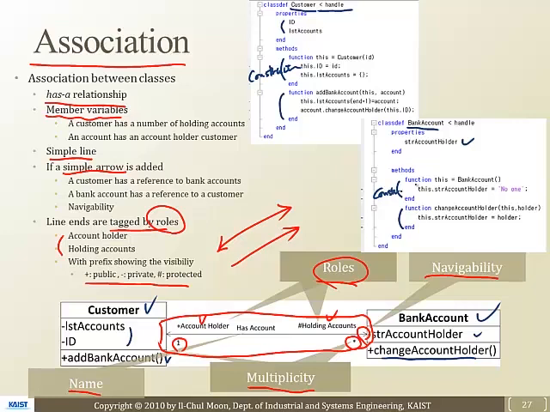And what does this mean? So see that semantically, this customer has accounts. What accounts? Bank accounts. It means one customer can have, this is star, of course, but in the computer world, this means many.